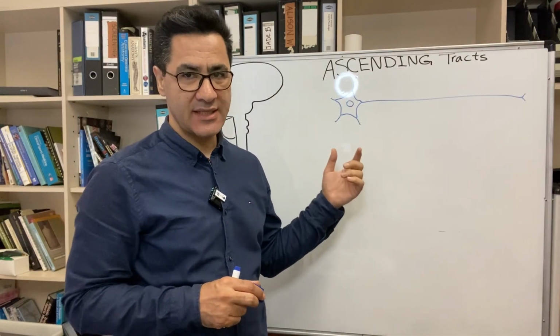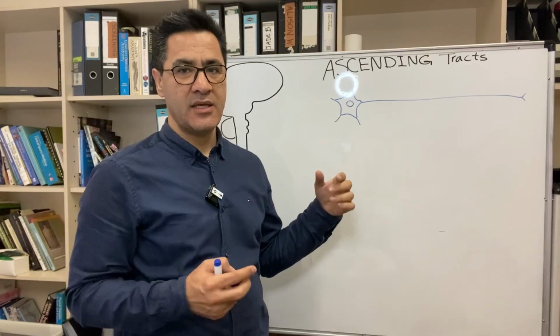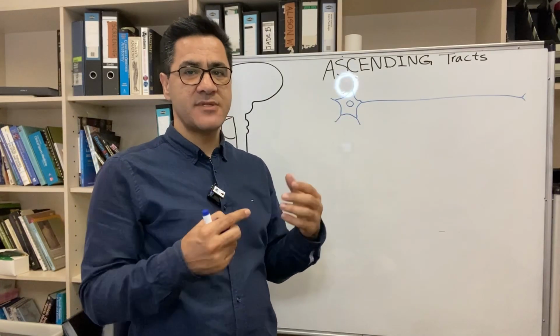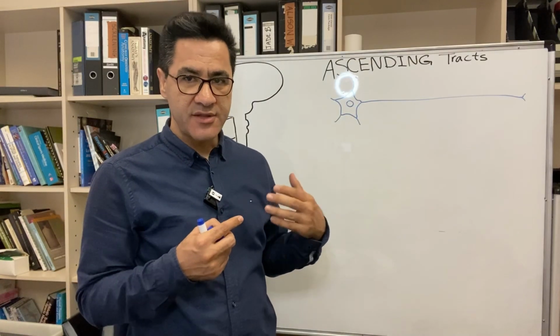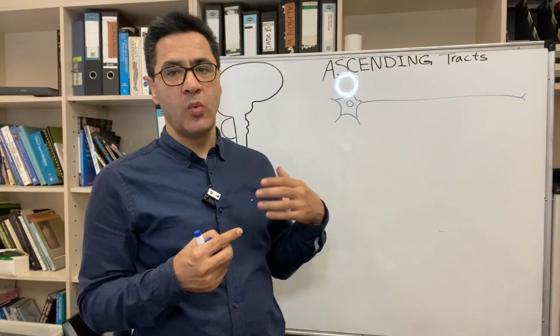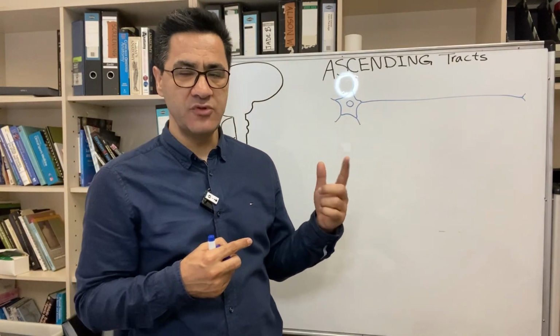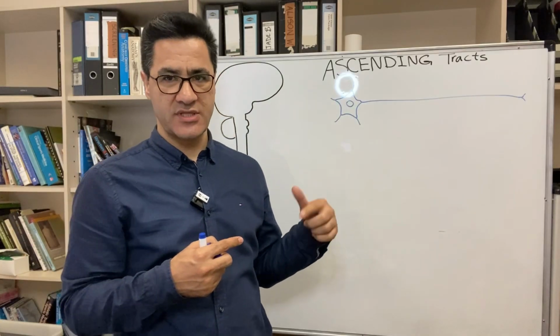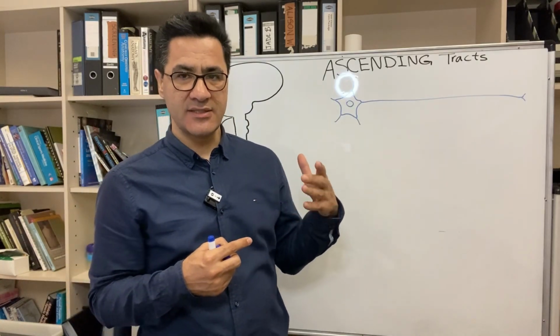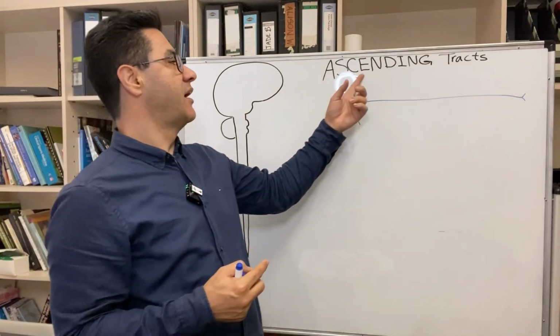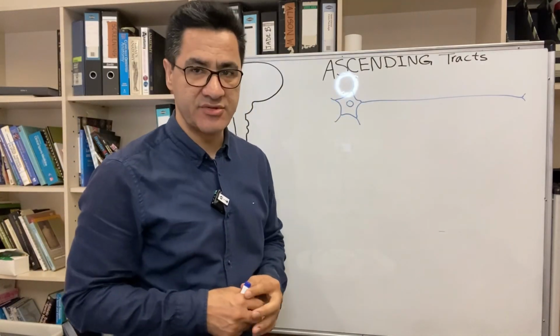The second question is where they synapse to each other. The third question, where they cross from one side to the other side. If you can answer those questions precisely, it means that you have learned the ascending tracts.